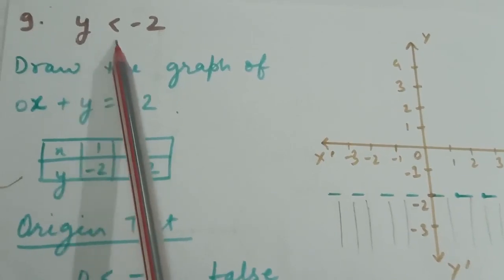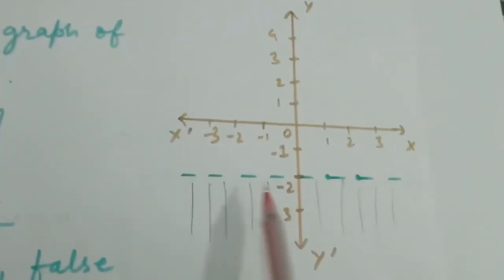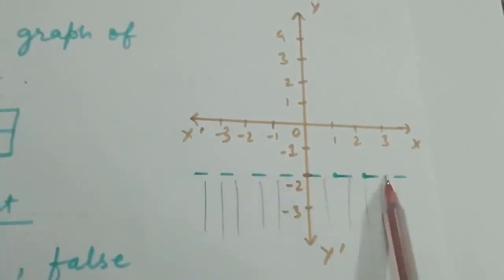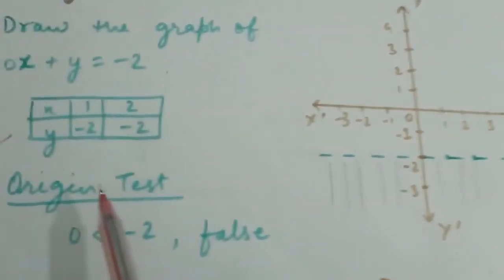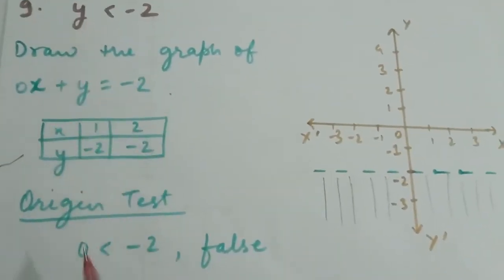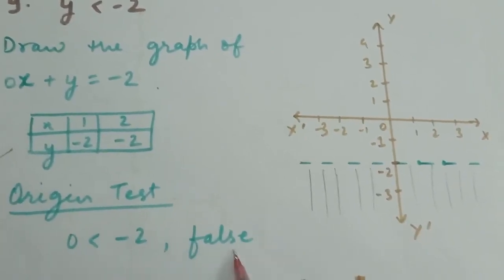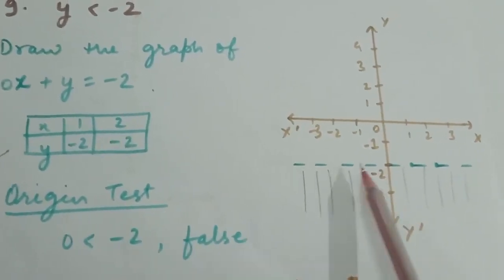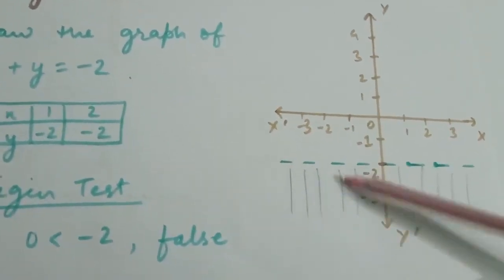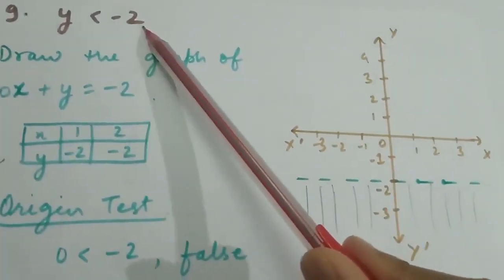As equality is not there in the question, therefore draw the dotted line. So this is our line, y equal to minus 2. Now we will do the origin test. For the origin test, in place of y, put 0. So 0 is less than minus 2. This is false. Therefore, we will shade the portion away from the origin. So this will be our solution of the given inequality.